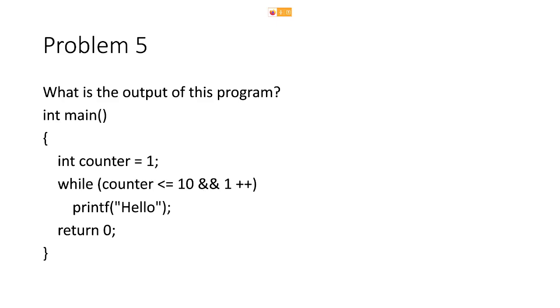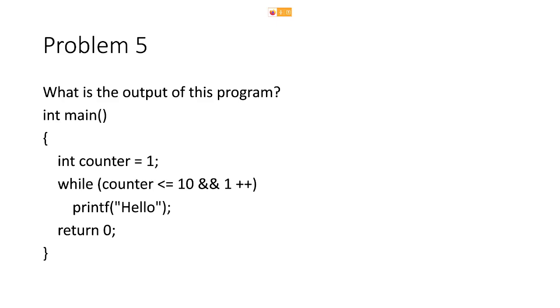10 times hello will be printed, sir. Are you sure? If this 1 plus plus is not there. Yes, because it's less than or equal to 10, no? So it's 1, 2, 3, 4, 5, 6, 7, 8, 9, 10.